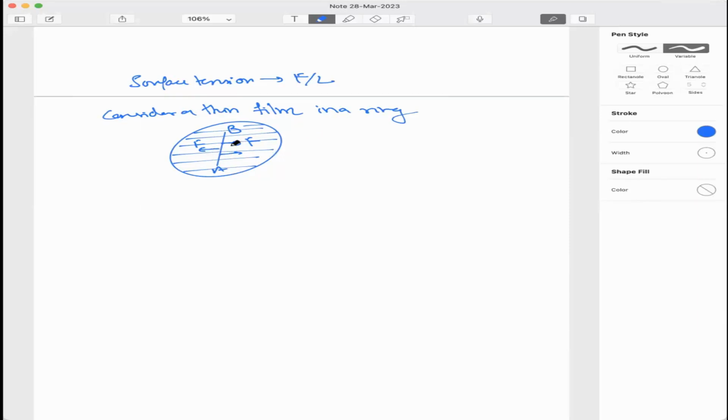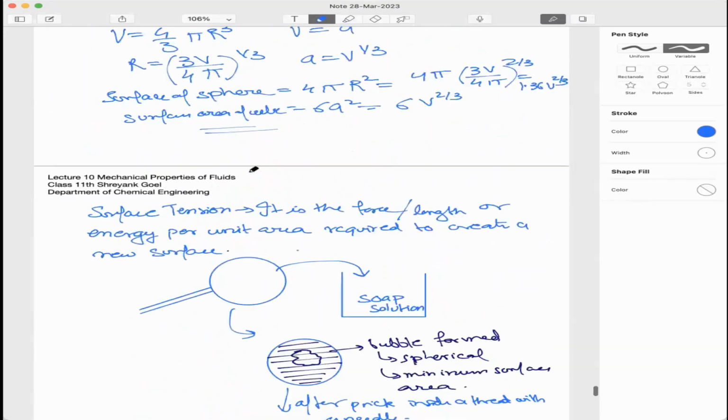That force is the surface tension, which we can define as S or sigma in general. It is the force acting normal to the needle and tangential to the surface, per unit length of the needle. Okay, so that is force per unit length.